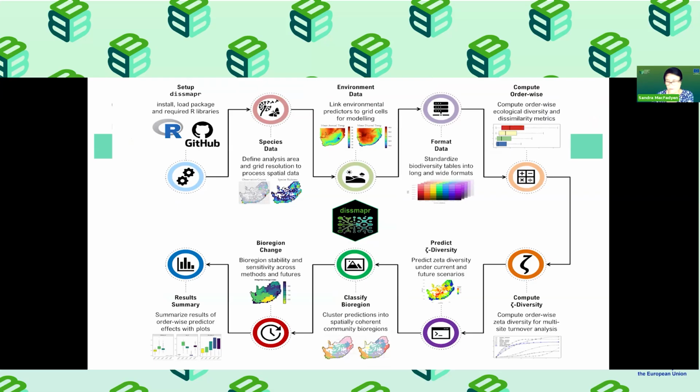So this is a brief look at the workflow. I'm just checking on my time. Okay, that's fine. All right, so what we're going to go through together, just to give you a quick overview. We'll go through setting up the dissmapr package, which is sitting on our GitHub site on the B-Cubed website. We're going to take you through some accessing of data.